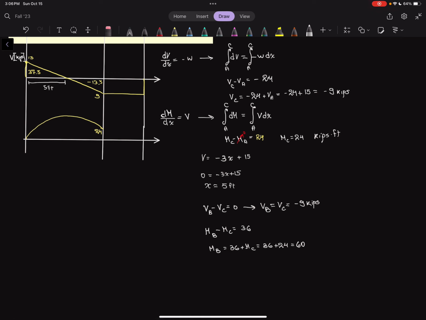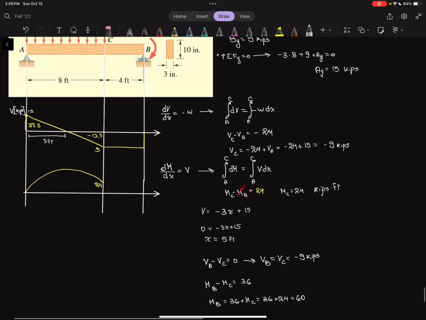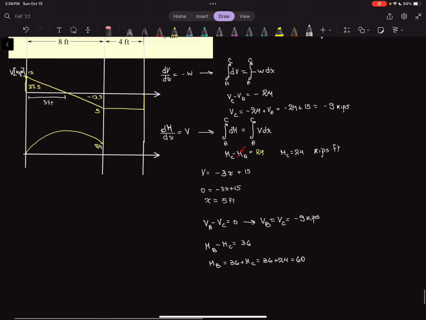Now that's kind of confusing, because we're supposed to go down, not up. We're supposed to go down 12. So if you do 24 minus 36, you're going to get minus 12.